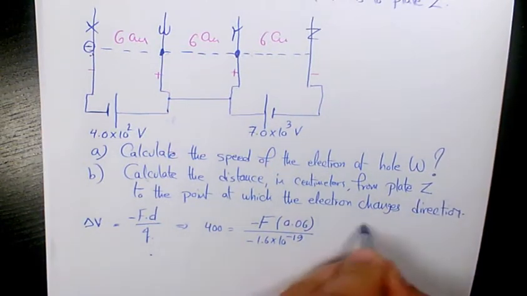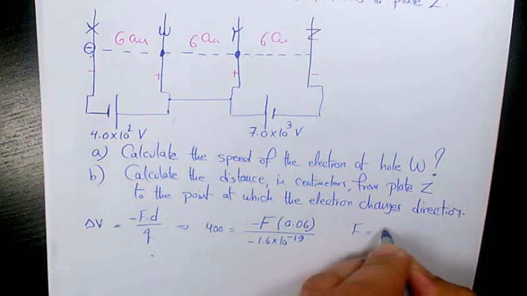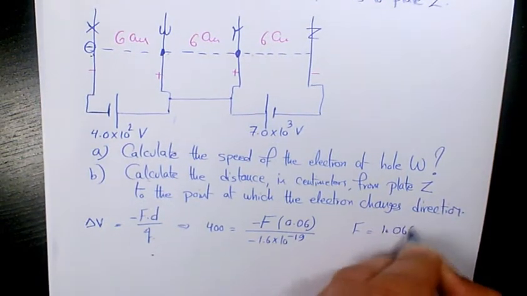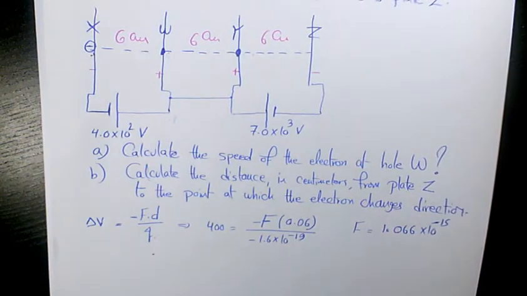Then we can find F. It's going to be 1.6 times 10 to the power of negative 19 multiplied by 400 divided by 0.06. So F will be 1.066 times 10 to the power of negative 15.